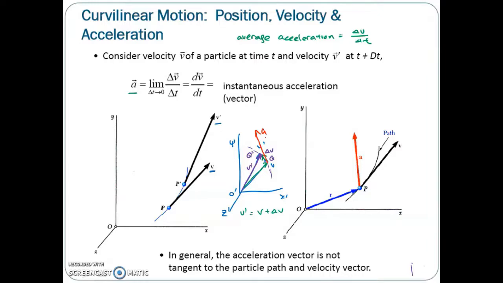But please remember that this coordinate system is at O prime. It's not O, right? So in general, the acceleration vector is not tangent to the particle's path. In the original coordinates with the origin at O itself, the acceleration is not tangent to the particle path, or the velocity vector.